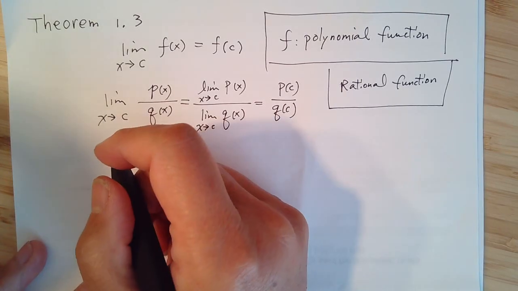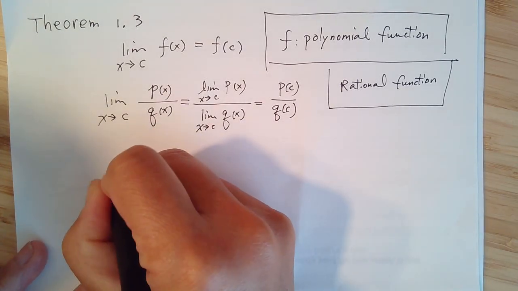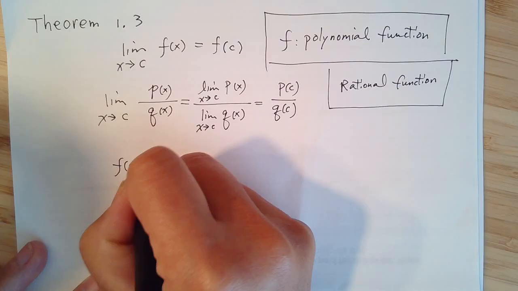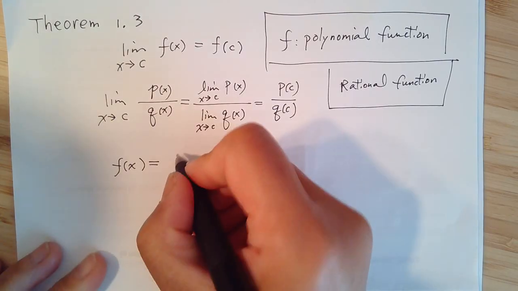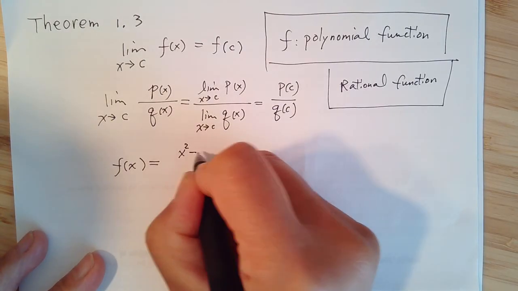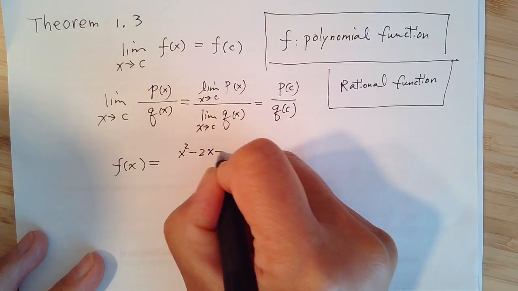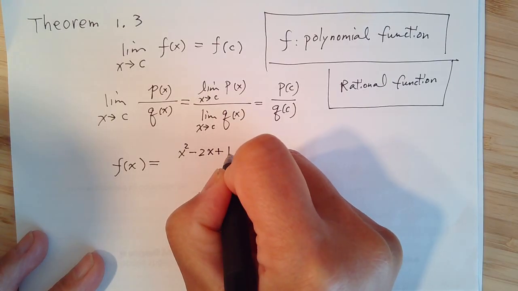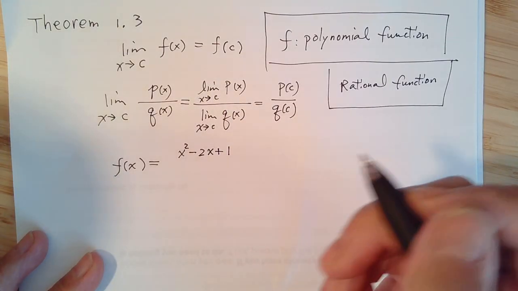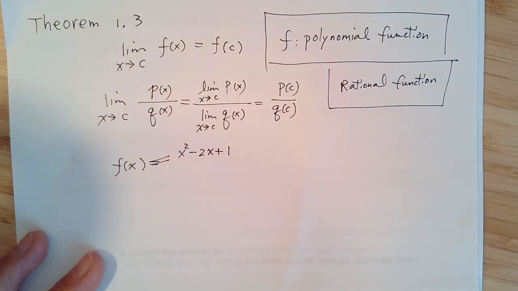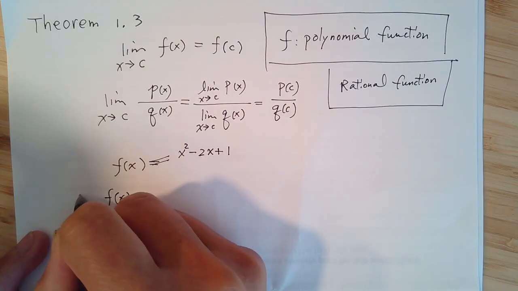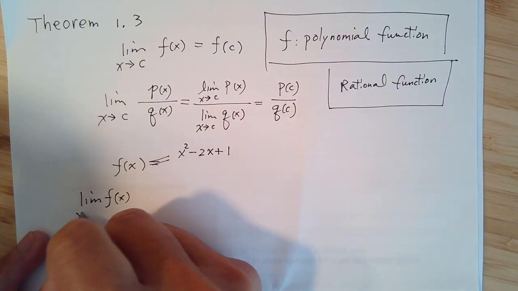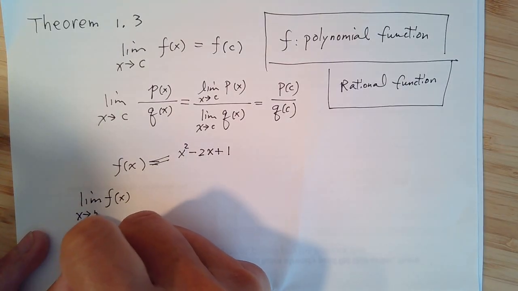f of x equals x squared minus 2x plus 1. So what is the limit of f of x as x approaches 5?